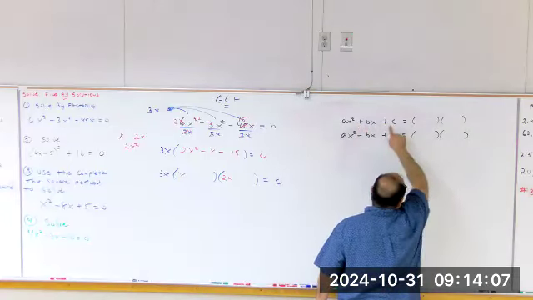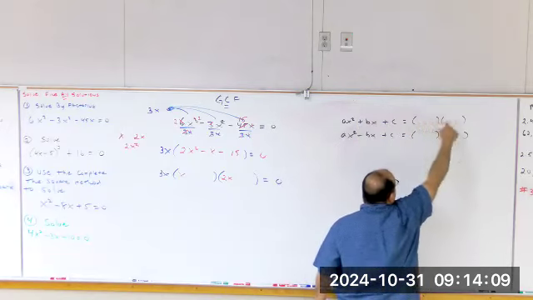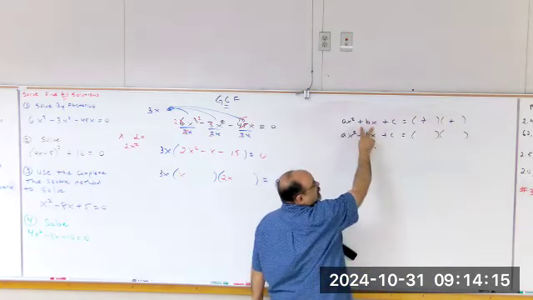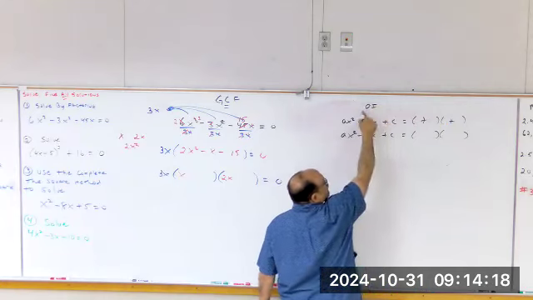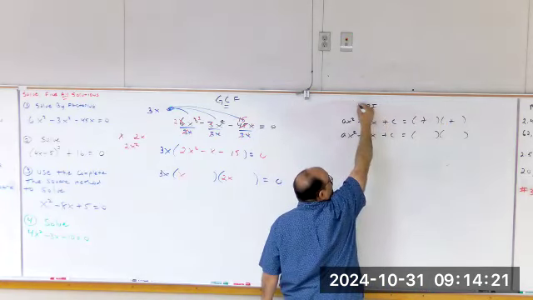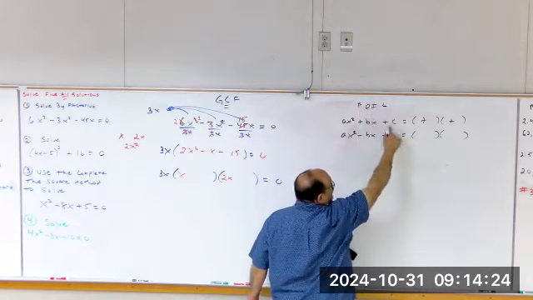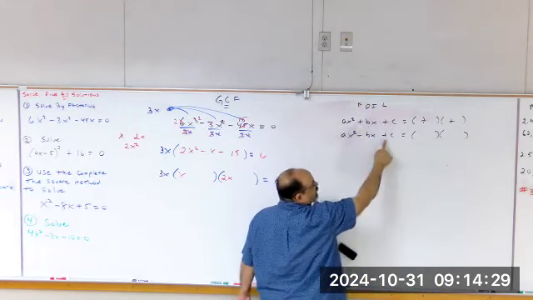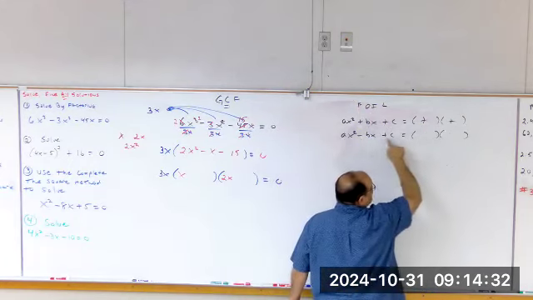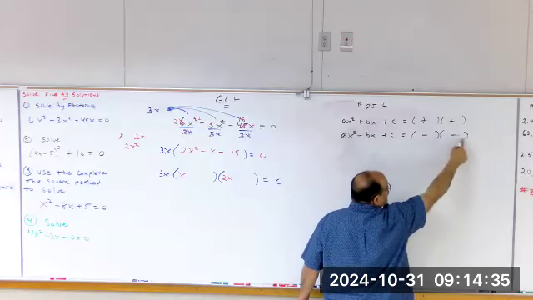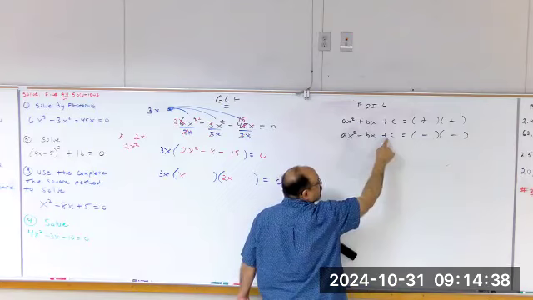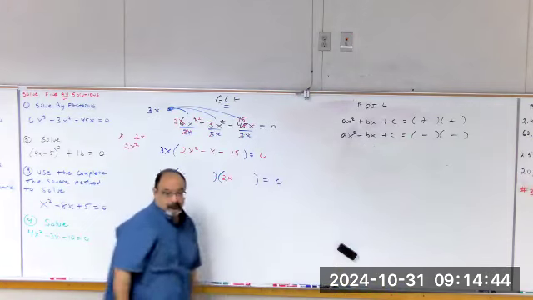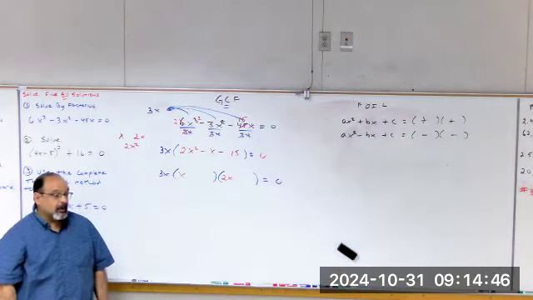To make a positive here, and the middle is positive, we have to have two positives. The middle is made by adding the OI: outside times outside plus inside times inside for the FOIL. So if they're both positive, these two have to be positive. If you have a negative and a negative, a negative times a negative makes a positive, but then in the middle, these two negative answers will add up to a negative. That's the only way the signs will work.